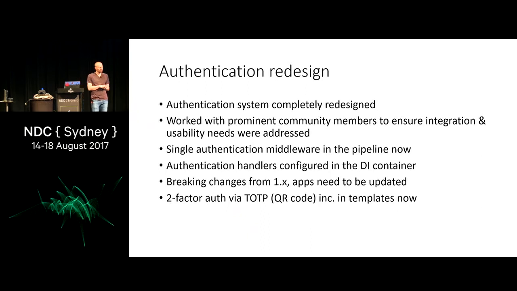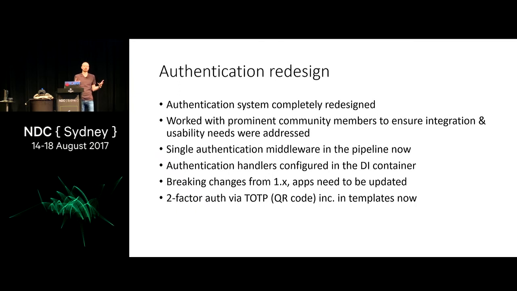All right, authentication. The auth system in 1.x had some problems. It was completely rebuilt for ASP.NET Core, and we shipped it, and then people started using it, and then they used it in ways we didn't intend, and then we accidentally broke them in 1.1 because we fixed bugs that people had taken dependencies on. So we went back to the drawing board in 2.0, and we worked with the community, especially those who own and maintain some of the largest identity projects, and we redesigned the authentication system.